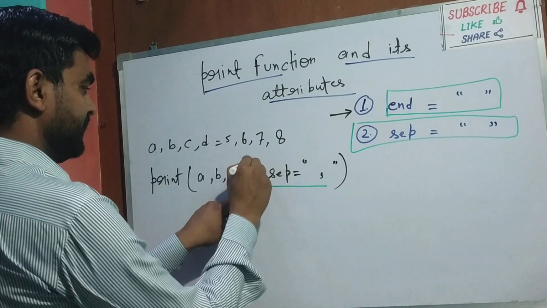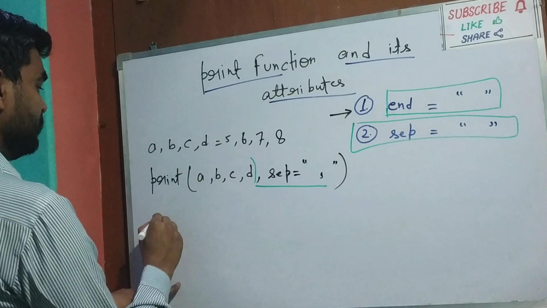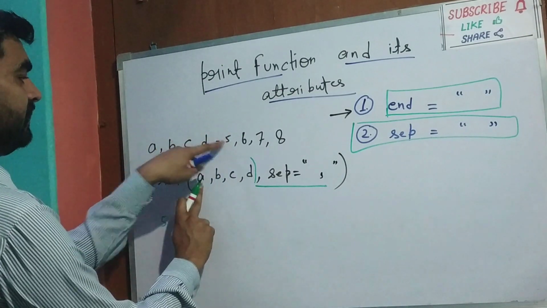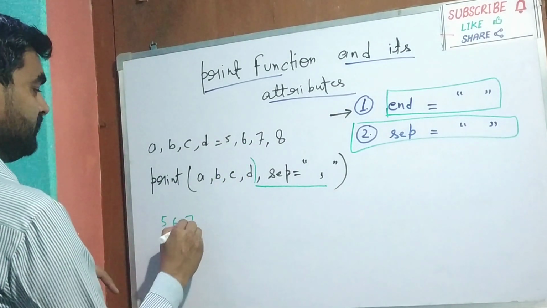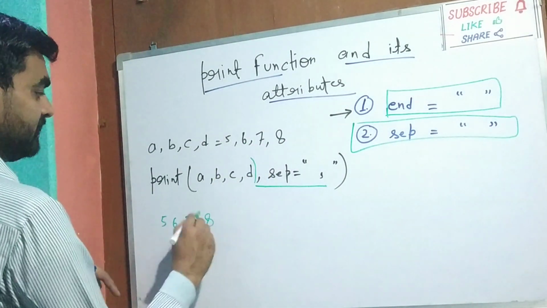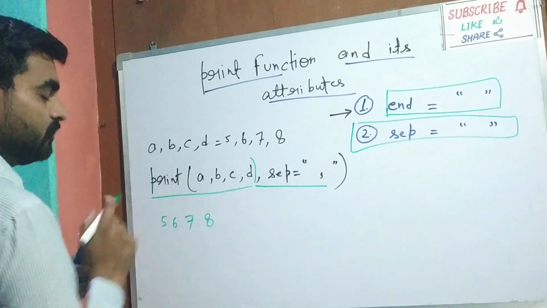Just suppose the bracket is closed here. So the output of this program will be 5, which is the value of A, the value of B is 6, the value of C is 7 and the value of D is 8.